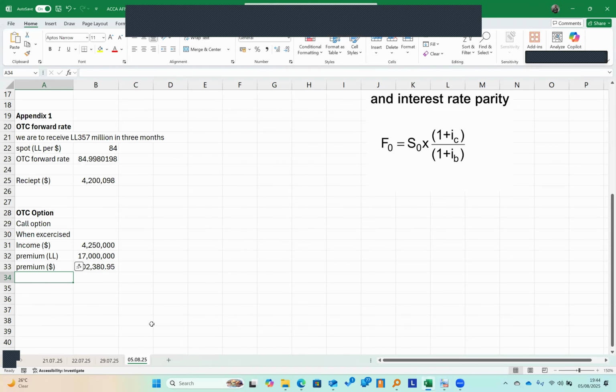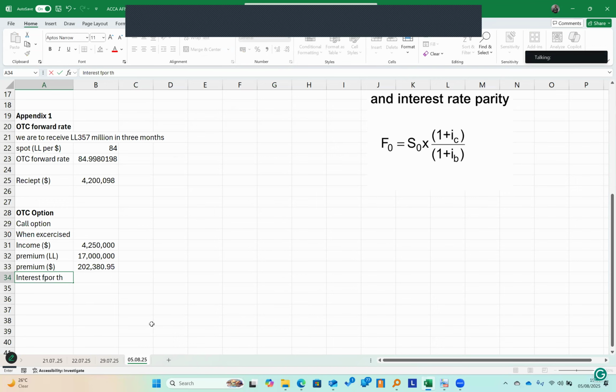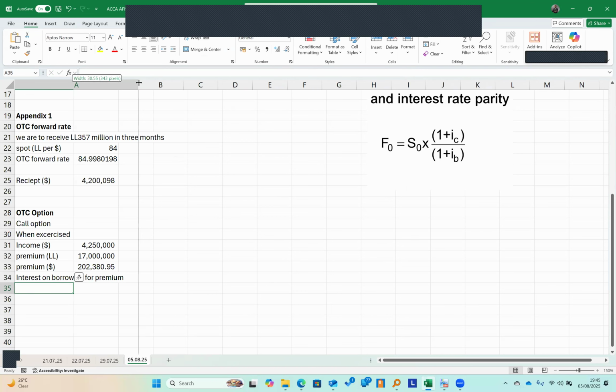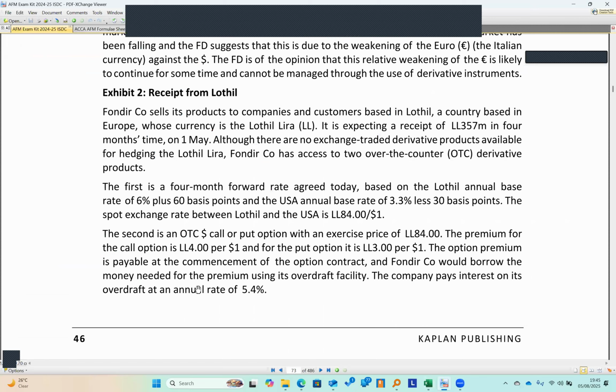So we are going to need to borrow. And how much are we paying as interest? They told us we are paying 5.4%.